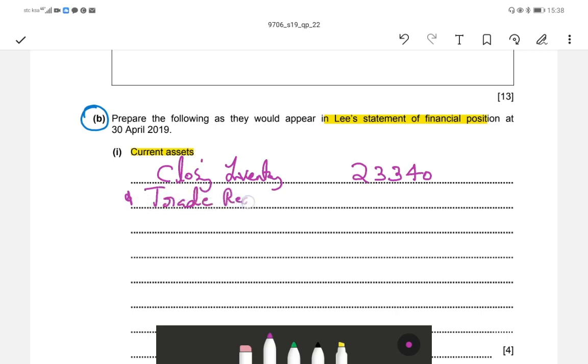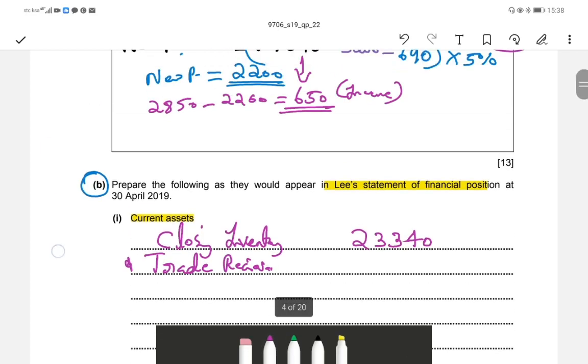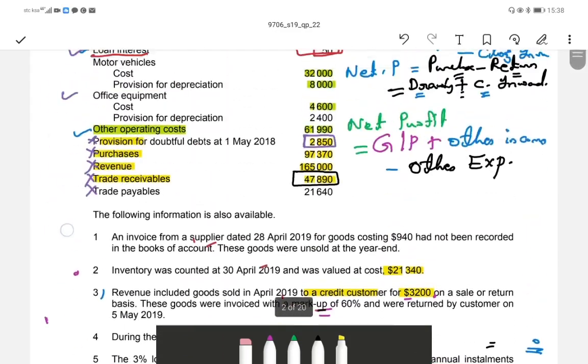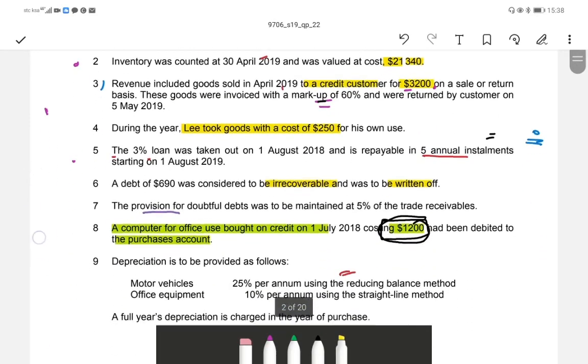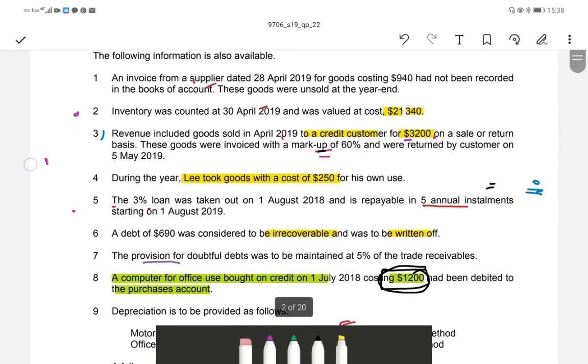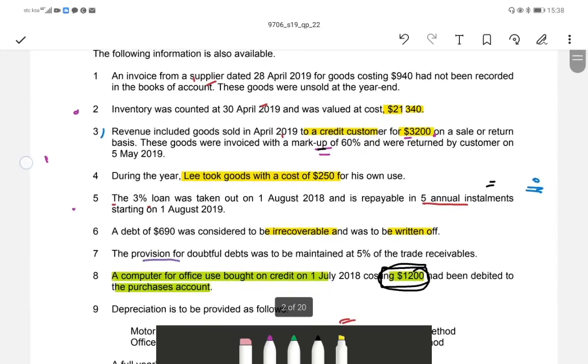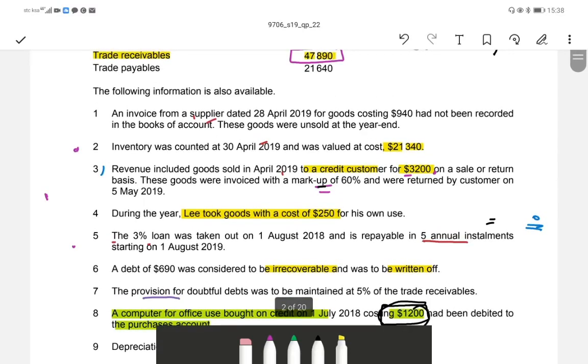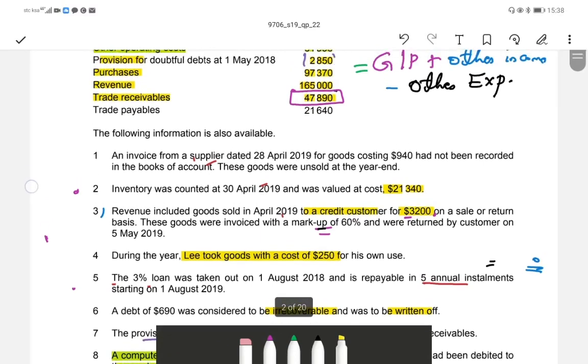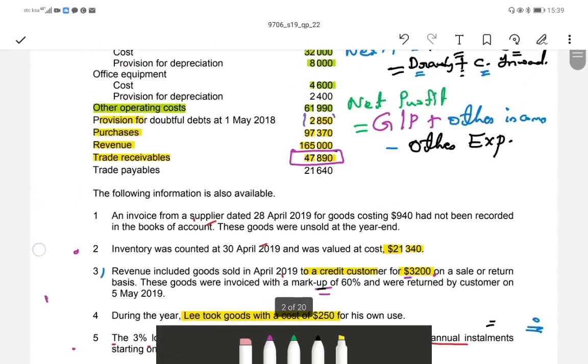Now next we have trade receivables. We have some adjustments with the trade receivables, right? We have our trade receivables 47,890, and we had the bad debt. They gave the bad debt in the adjustment, 690.